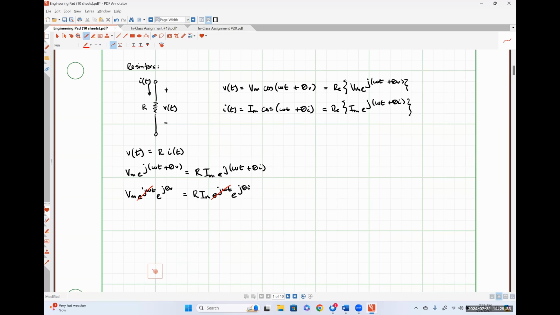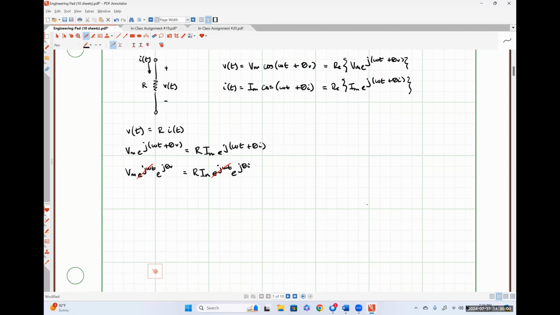It's common to all signals, so it doesn't add any new information. We can literally just ignore it because it cancels out on both sides of every equation that we could ever possibly write. What we're left with is a magnitude and a phase angle, which is exactly all that a phasor is. So I'm going to rewrite these just really quickly here.